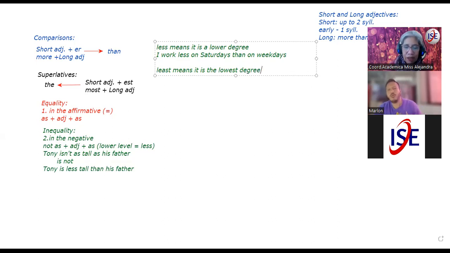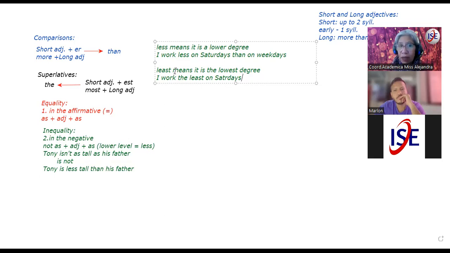For example, I work the least on Saturdays. On weekdays, I work until 10 p.m. But on Saturdays, I work until 2.